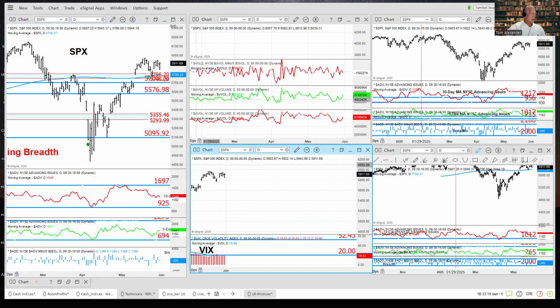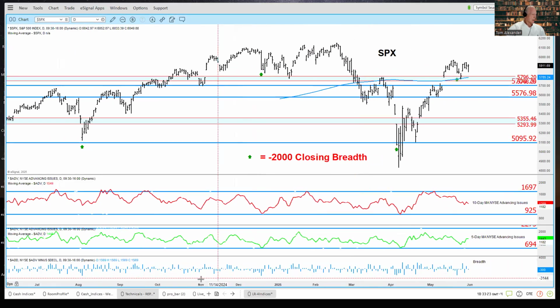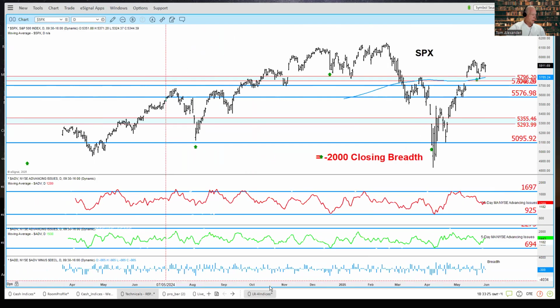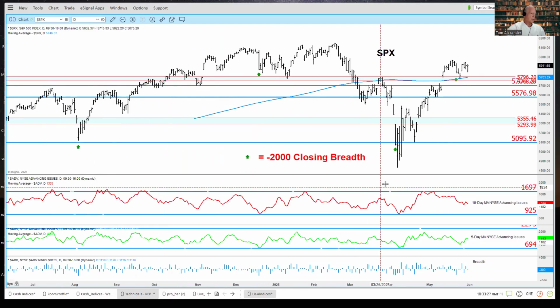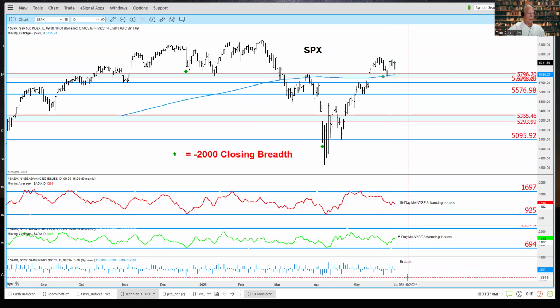And last but not least, those of you that have been following me for weeks or months or years know that I use Brett. This is NYSE data. The red line is a 10-day moving average of NYSE advancing issues. The green is a 5-day. The blue histogram is closing Brett. You can see we came right down to the 200-day moving average.